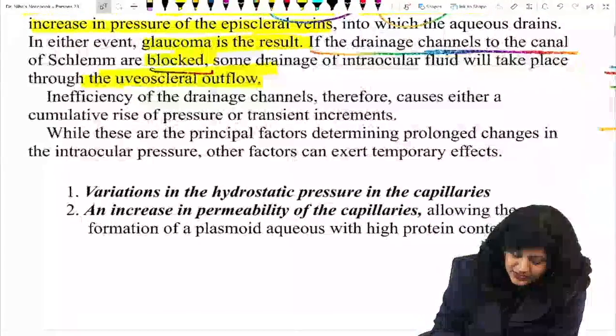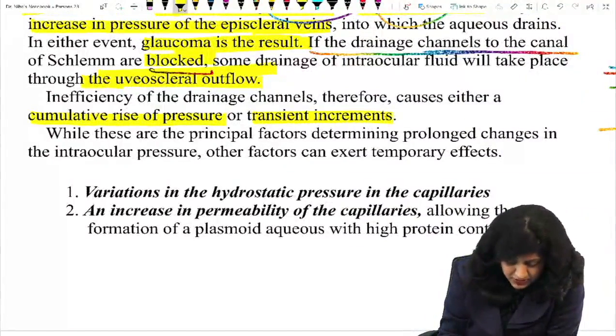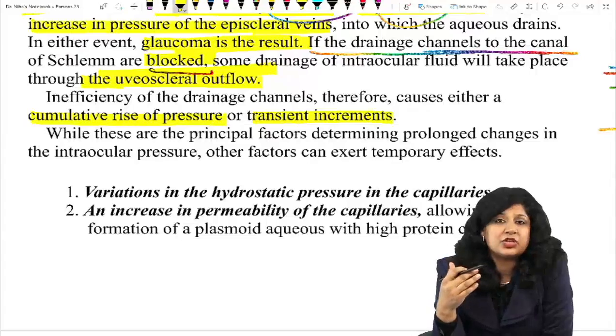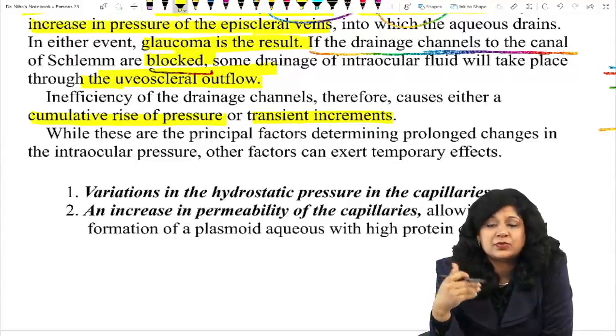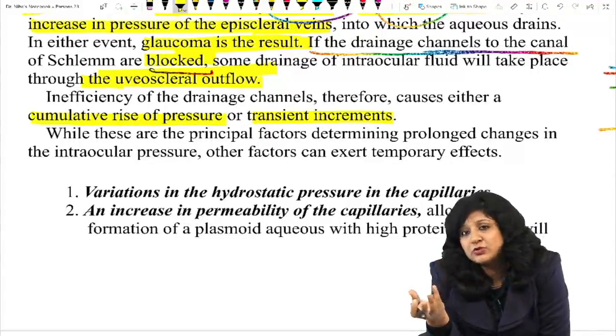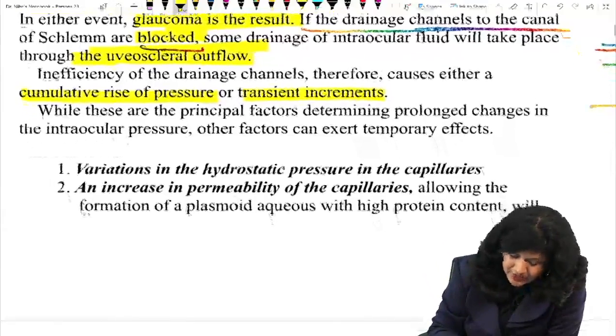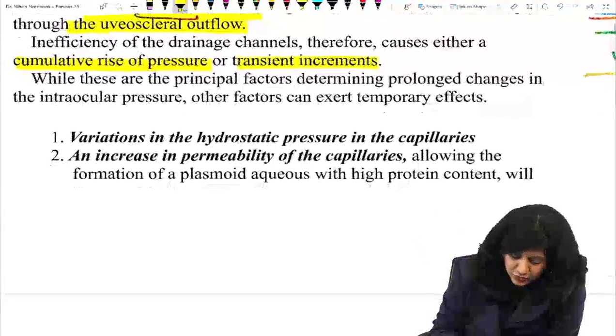Inefficiency of the drainage channels therefore causes either a cumulative rise of the pressure or transient increments. So if I have some insufficiency in these drainage channels and the aqueous humor is not able to pass through, I will have increments in the intraocular pressure that can be continuous and can also be transient. Well, these are the principal factors determining the prolonged changes in the intraocular pressure.